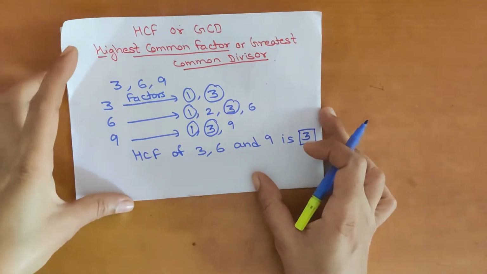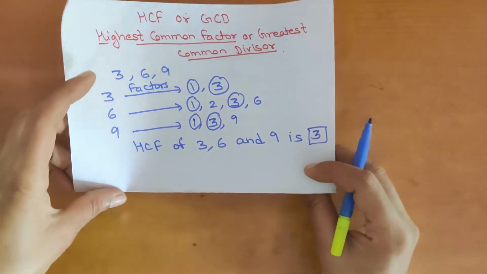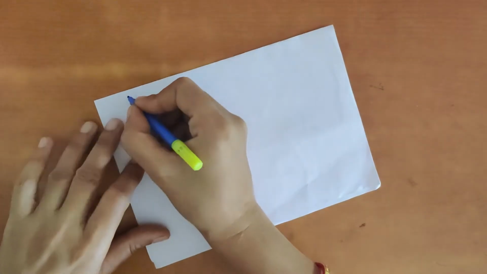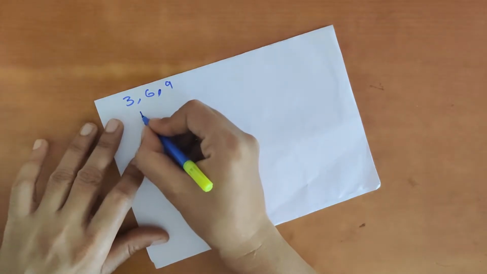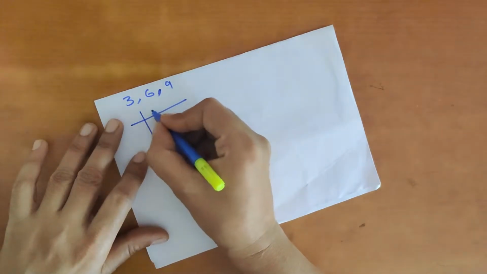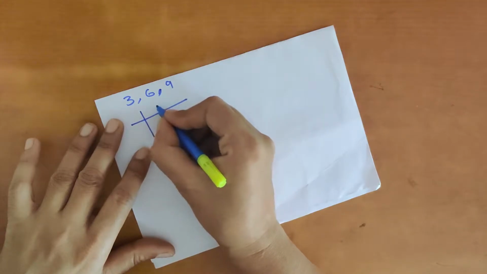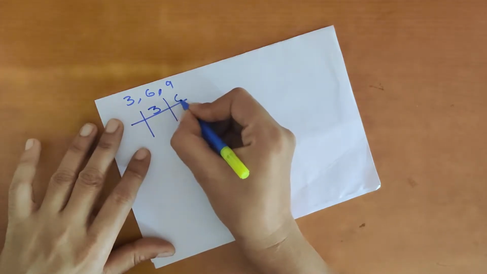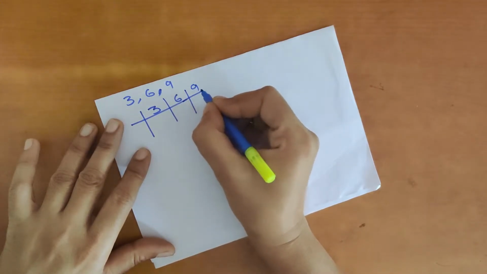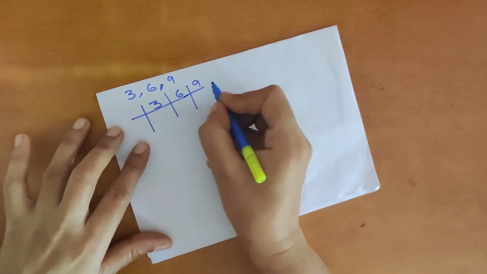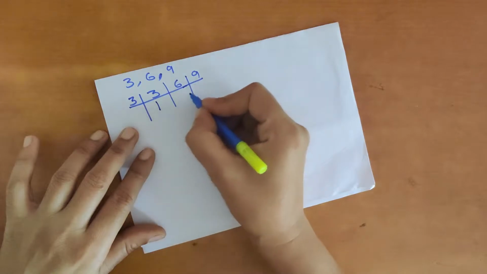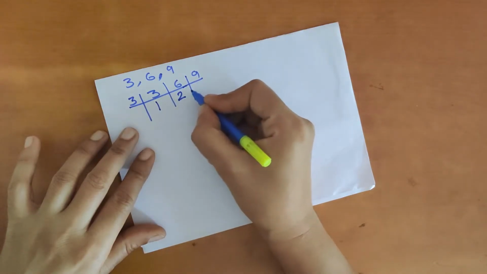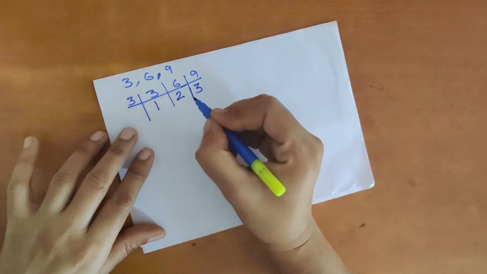Now how will we do it in our 7th standard? I will take the same numbers 3, 6 and 9. You know how to do prime factorization. Together also we can do 3, 6, 9. I am taking them together. See, these 3 numbers are divisible by 3. So 3 1s are 3, 3 2s are 6 and 3 3s are 9.